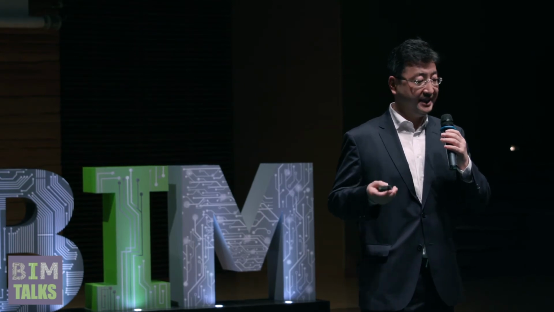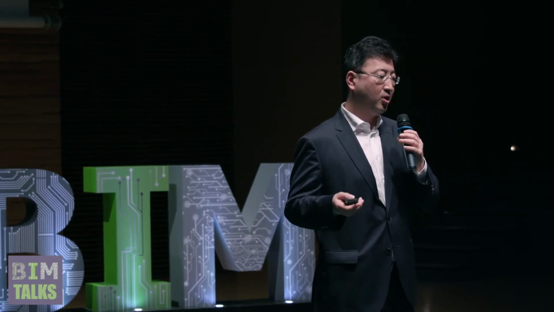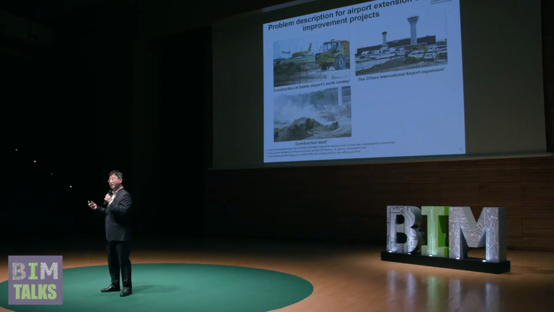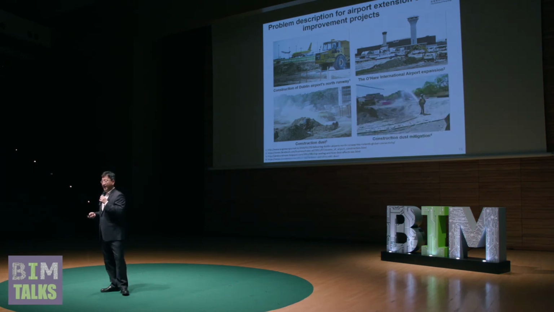It's common, for example, at Dublin Airport, Ohio, the international airport. But the problem is that these construction activities often produce construction dust. Especially during operation and landing, the construction dust blocks or reduces the visibility of landing. So we have to have construction dust mitigation.